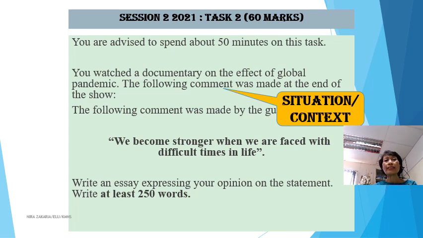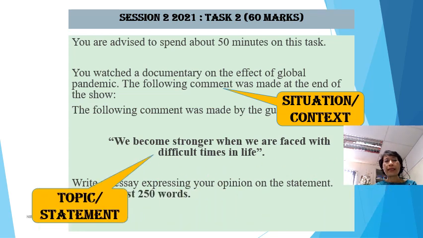When I say use this as an example, use the example of global pandemic or COVID-19 as the one and only example that you will use to discuss your point or to elaborate your ideas. You can use other examples along the same line. And this is the actual topic that you have to write about. We become stronger when we are faced with difficult times in life.